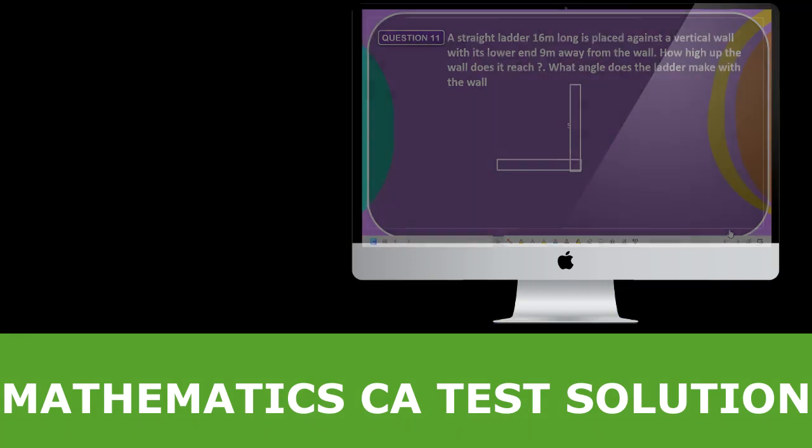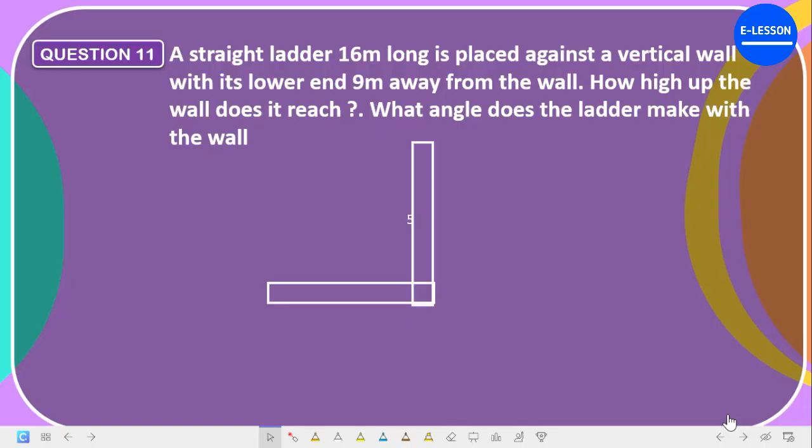Now the question says a straight ladder 16 meters long is placed against a vertical wall. Let's say this is the base, and this is the wall. You were told that the ladder is placed against a vertical wall with its lower end 9 meters away from the wall.